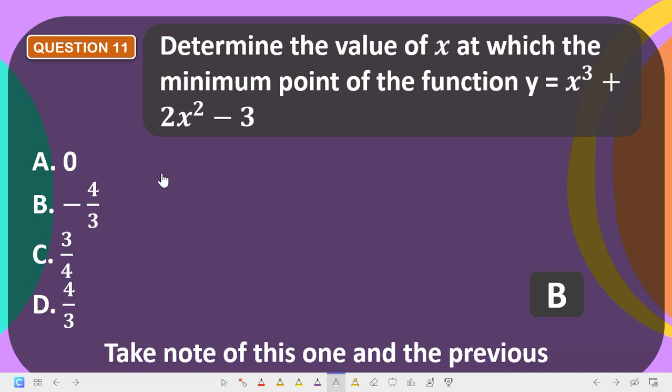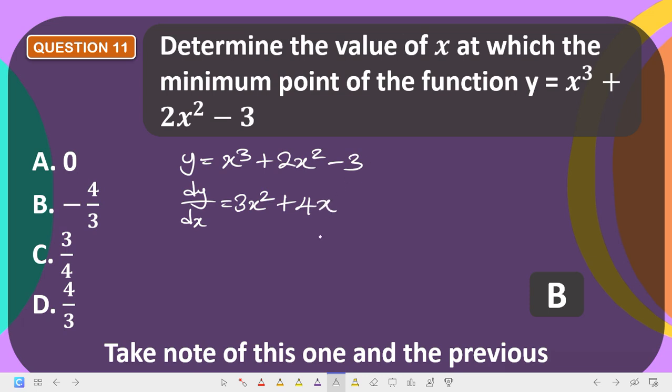Now, at minimum point, dy/ds is equal to 0. We have y equals s cubed plus 2s squared minus 3. So our dy/ds is 3s squared, because if you differentiate s cubed you get 3s squared, plus, if you differentiate 2s squared, 2 times 2 gives us 4s, and differentiating the constant gives you 0.